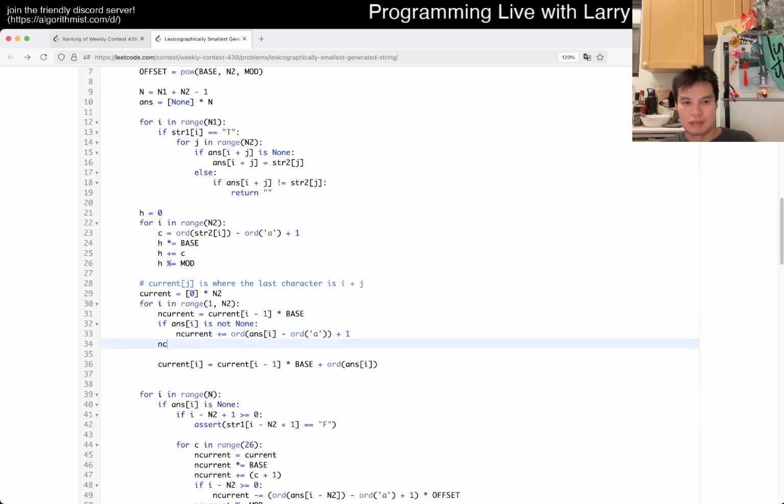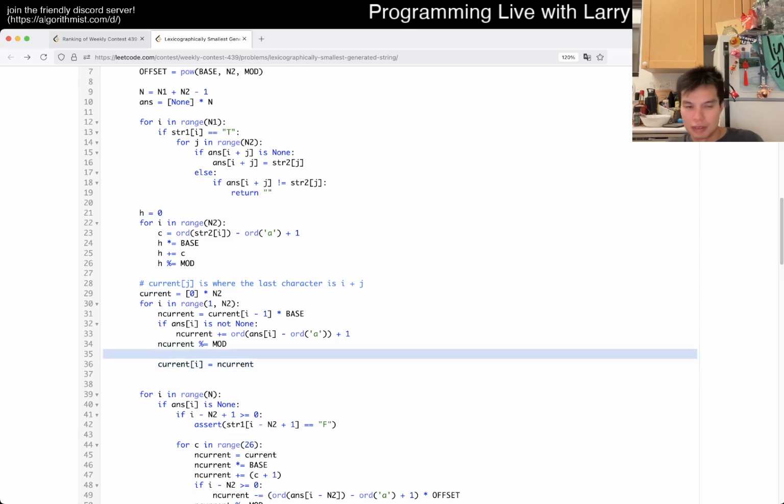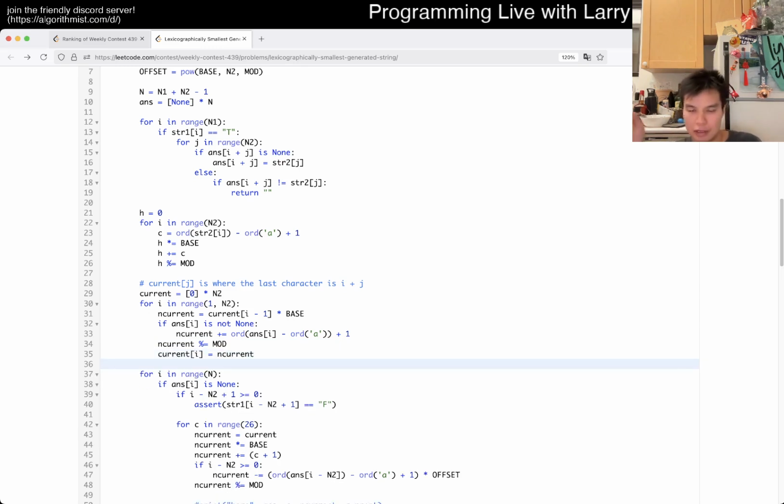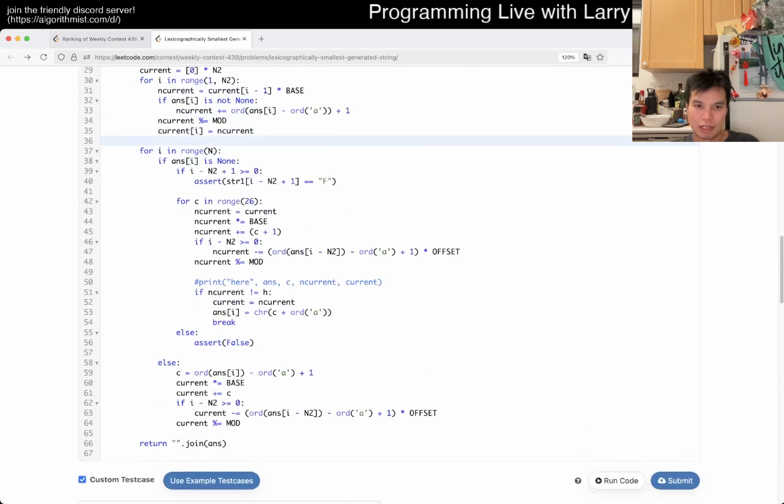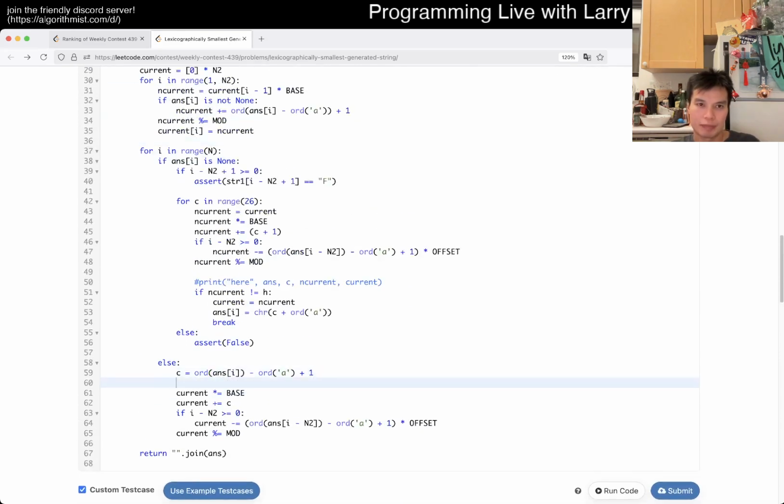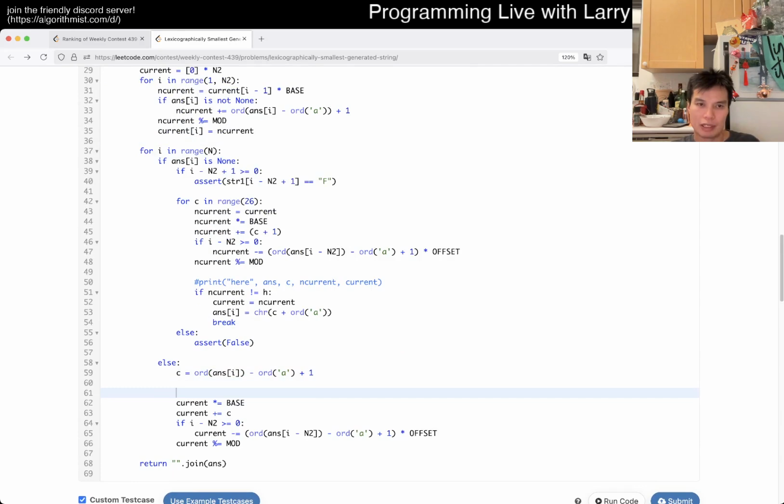And then mod. Okay, so now it goes all the way through, right? So when we get a real character, we don't shift and add any. I mean, we do shift and add, but this is not. That's so annoying.